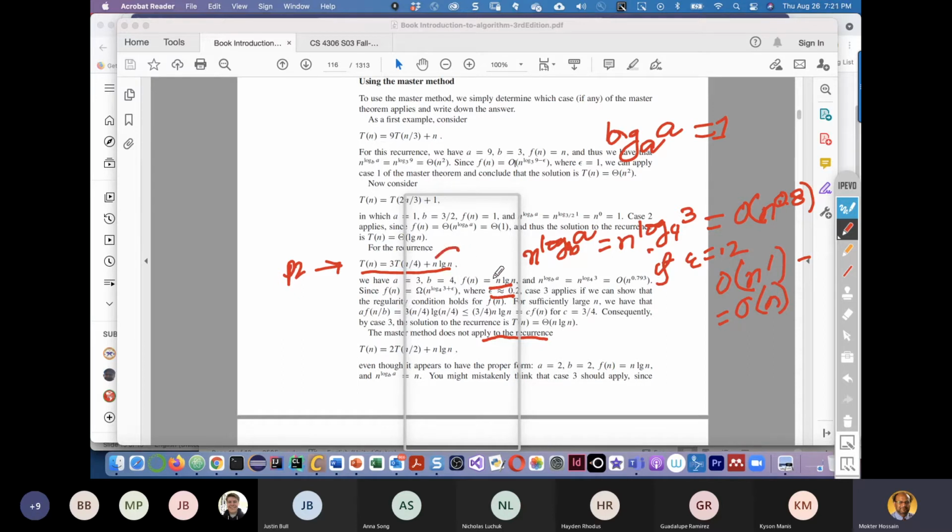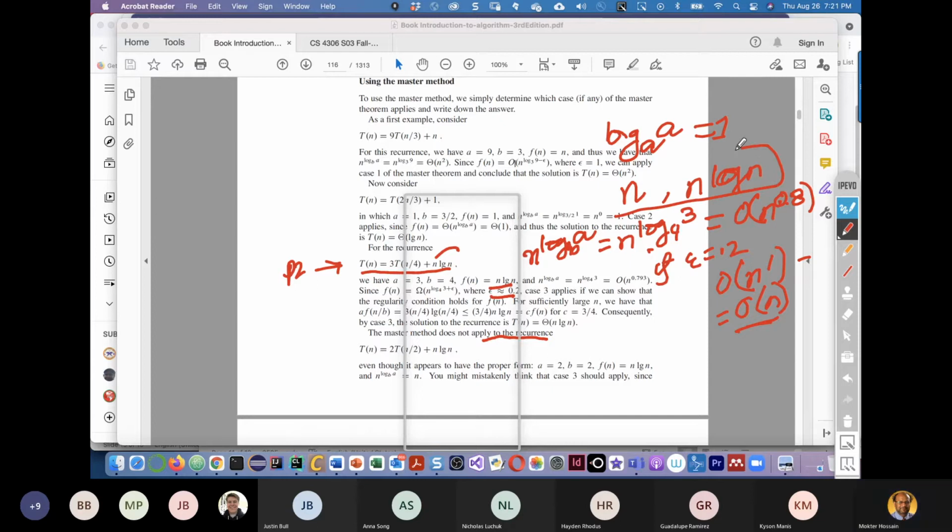But this part we are getting n. So we are comparing these two methods. One side is n and another side is n log n.